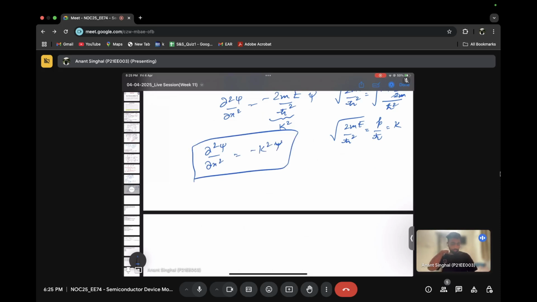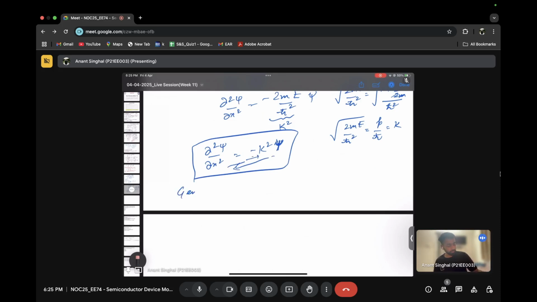Does anyone know what the general solution to this is? It is very easy. It is not straightforward. The psi will come here and then x will go there. Okay, no problem.